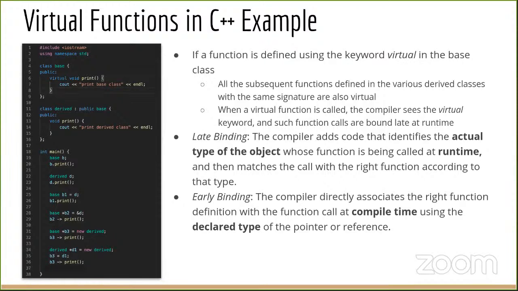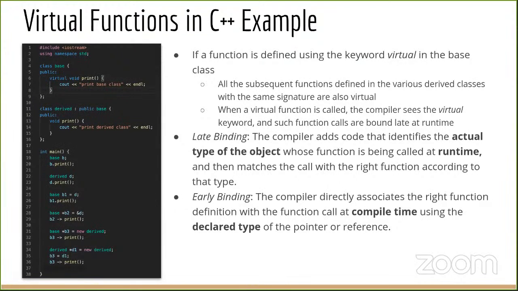In the previous slide, if you remember, we were always looking at b1, b2, b3, and d, which were either pointers or references used to call the function, and we were not actually looking at the type of the object to which the pointers were pointing.